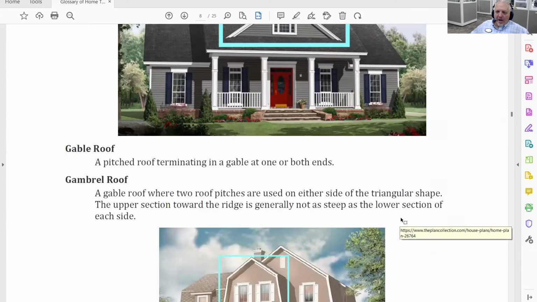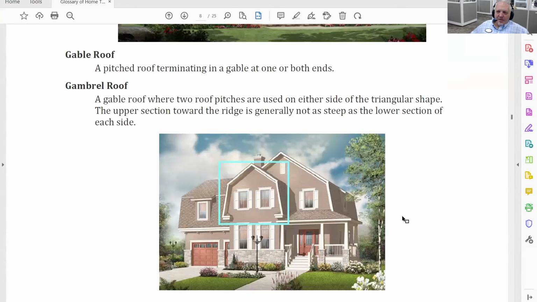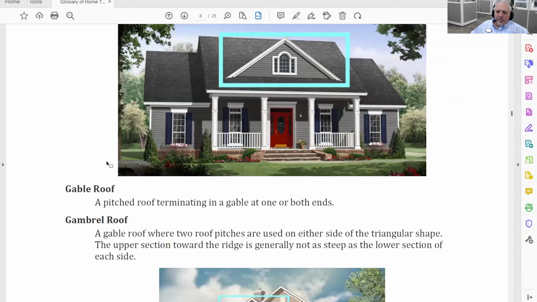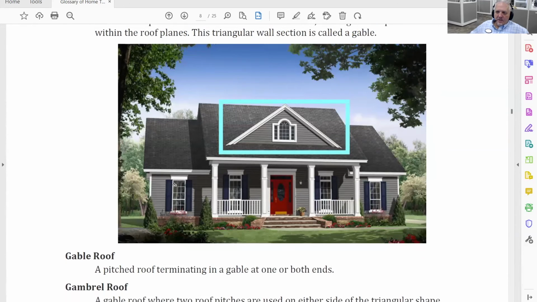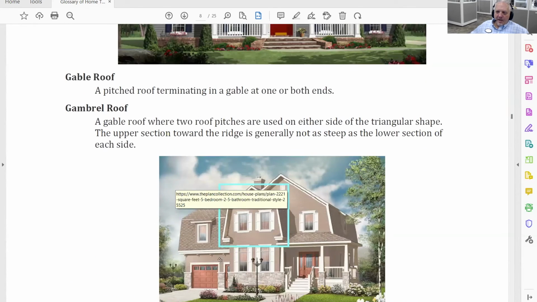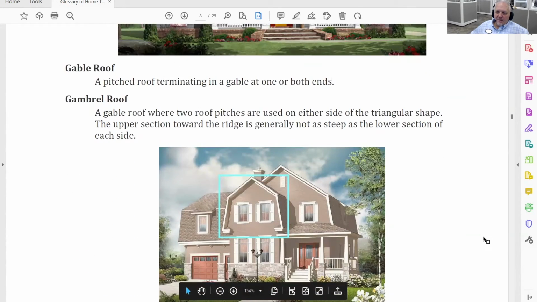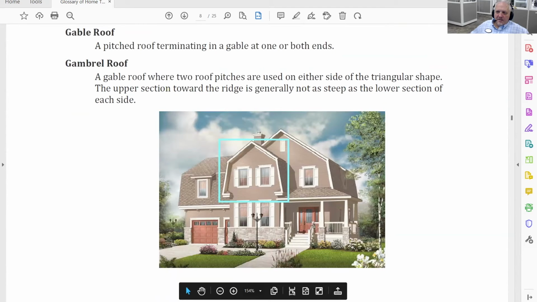A gambrel is also a very similar term, slightly different and easily confused. Gable, think triangle. Gambrel, think the old barn style. You'll see how this one has a slight bend to it. That is gambrel.